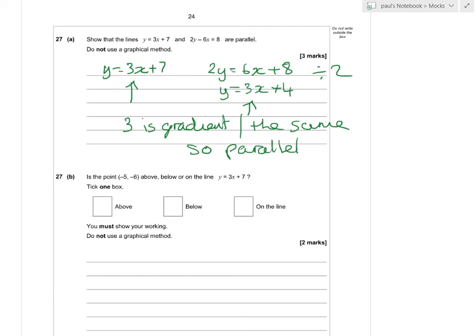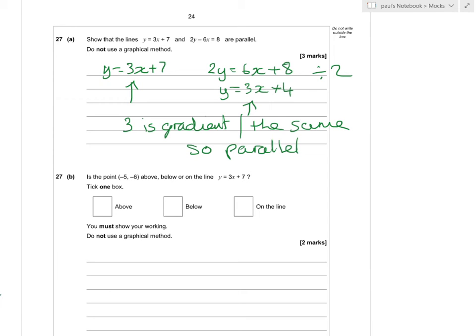Parallel. In a point above, is the point 5, 6 above, below, or on the line? You must show your working. So we've got an x and y going on here. So what can we do with this? An x and a y.